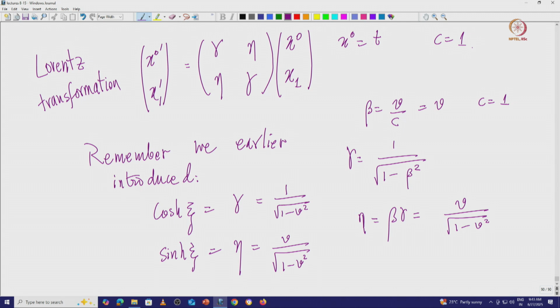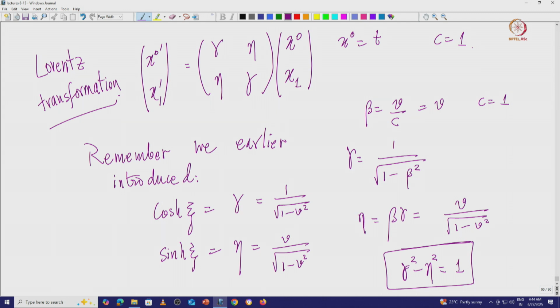Now just before going further, I'll also say that gamma square minus eta square is equal to 1, which is obvious because gamma square is equal to 1 by 1 minus beta square, whereas eta square is equal to v square by 1 minus v square.